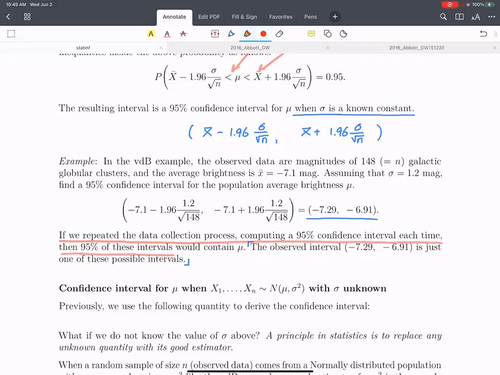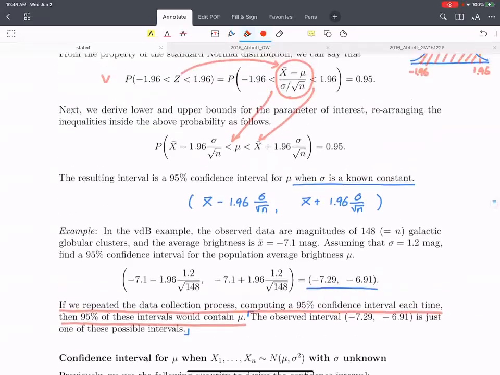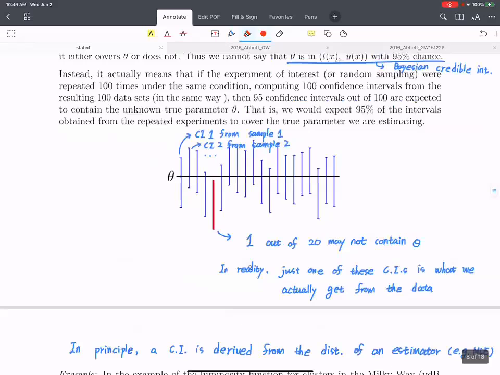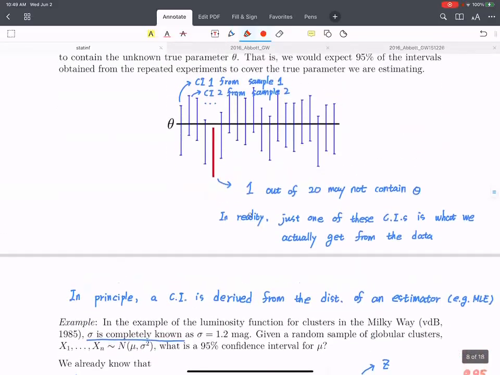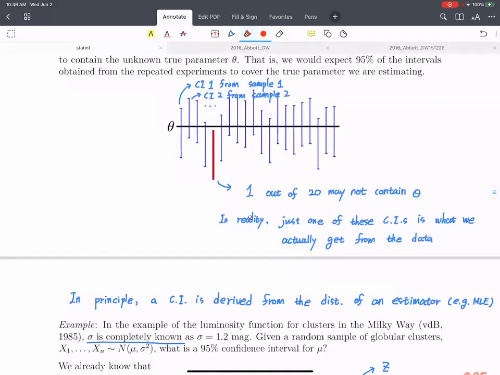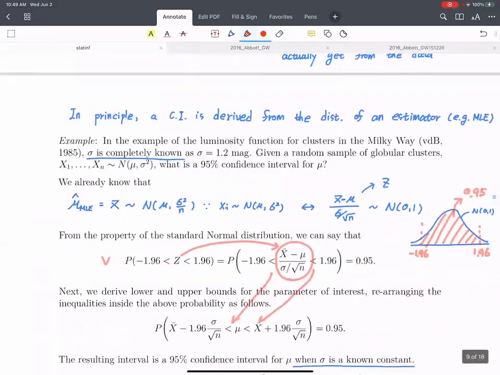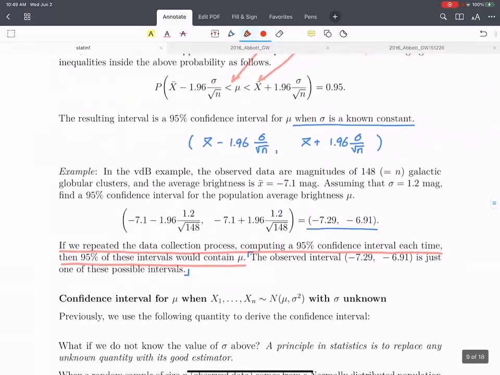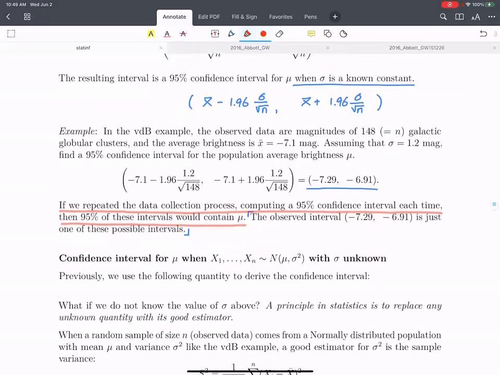But the actual interval may or may not contain mu, as you have seen in this figure, because the interval that you actually calculate might be the red one, possibly. The interpretation of the confidence interval is based on a hypothetical scenario where you can repeatedly sample under the same condition. Now, let's move on to the next case.